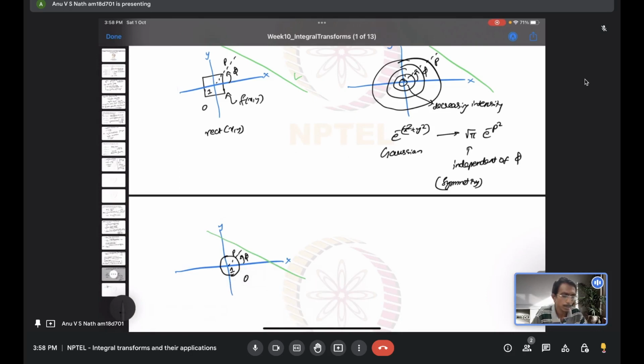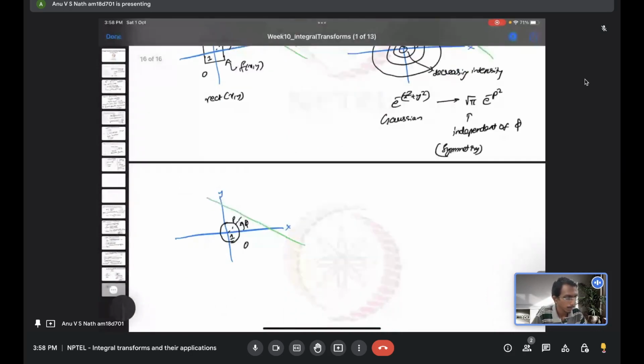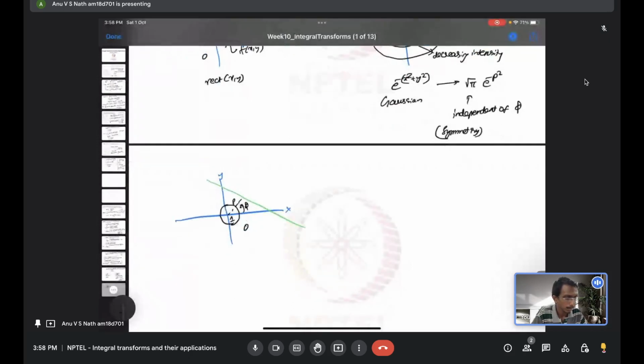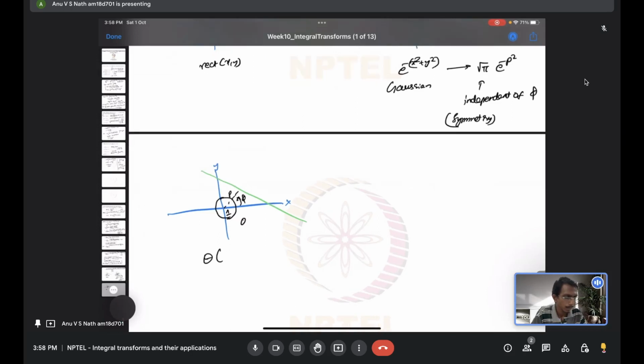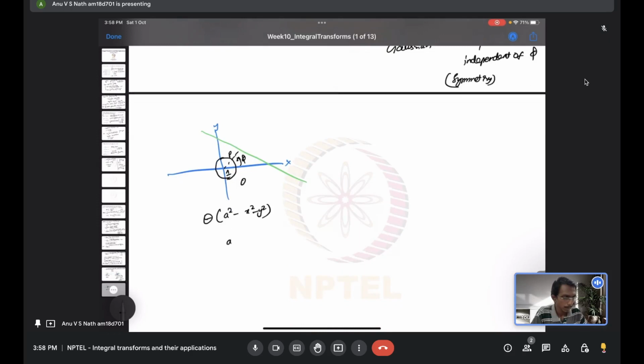Here also you have symmetry. We can represent it with the Heaviside function theta of a square minus x square minus y square, which is centered about the origin and has a radius of a. You will find, I think, the expression is the square root of a square minus p square, times 2, if mod p is less than a, and 0 otherwise.